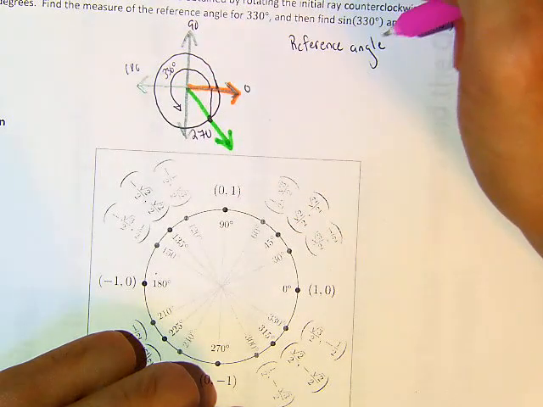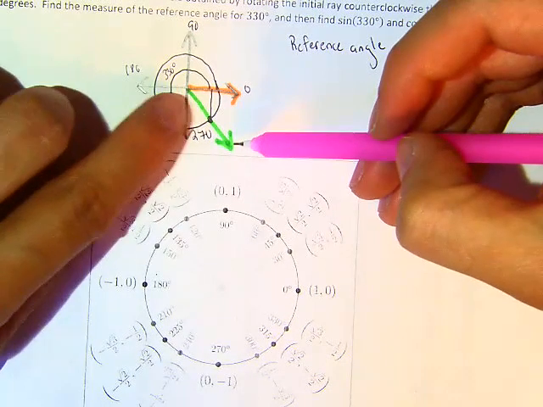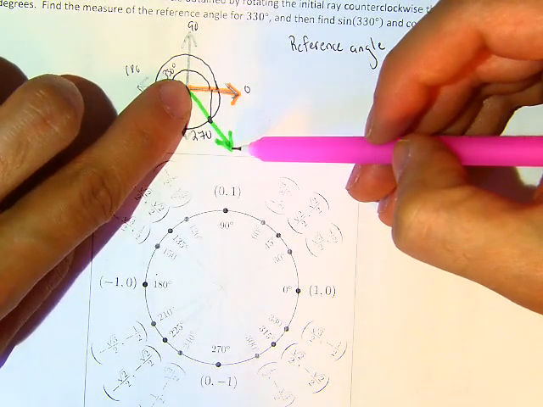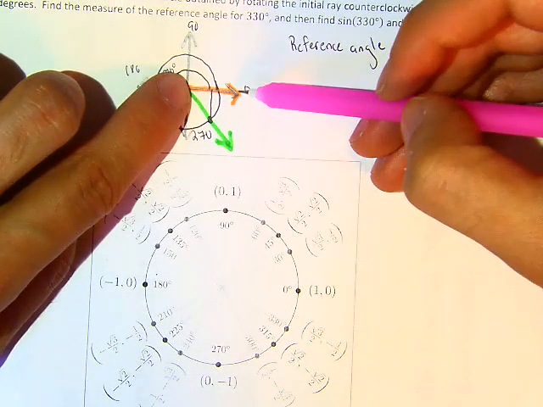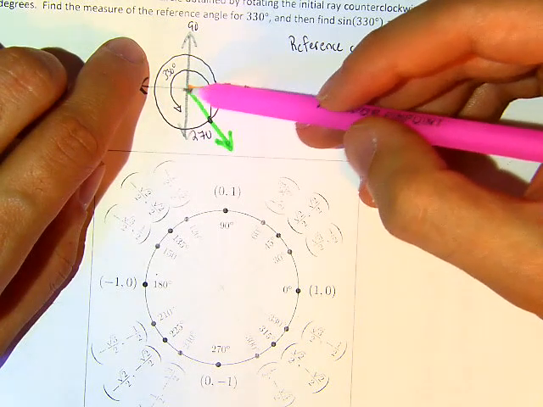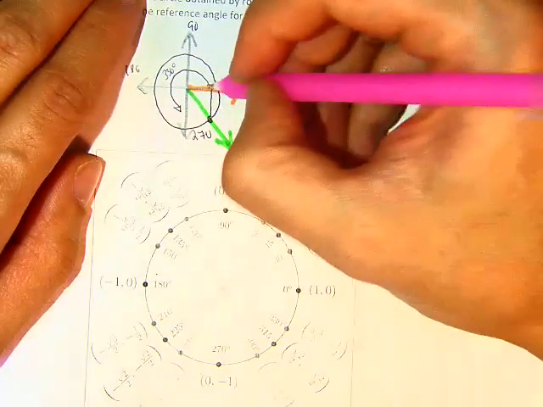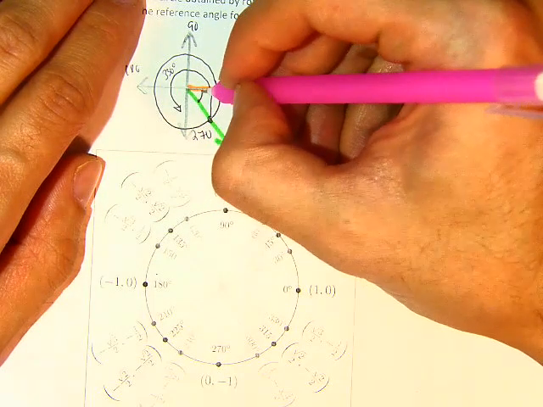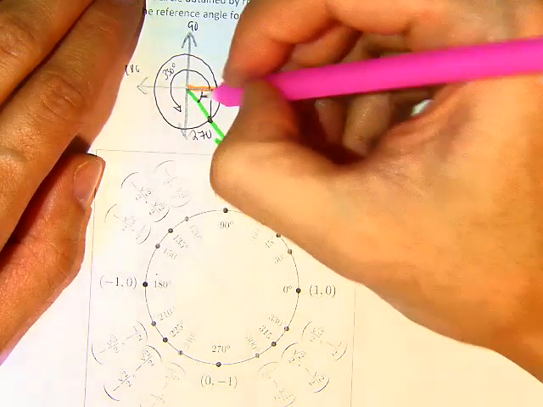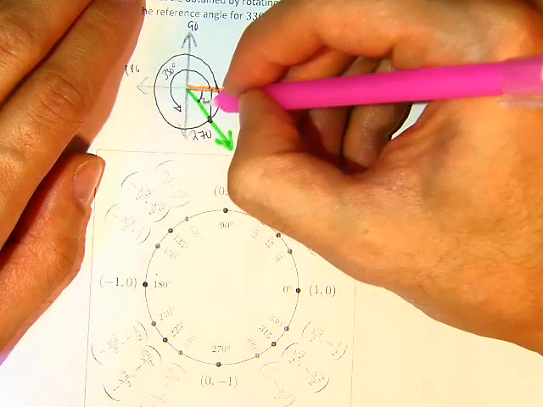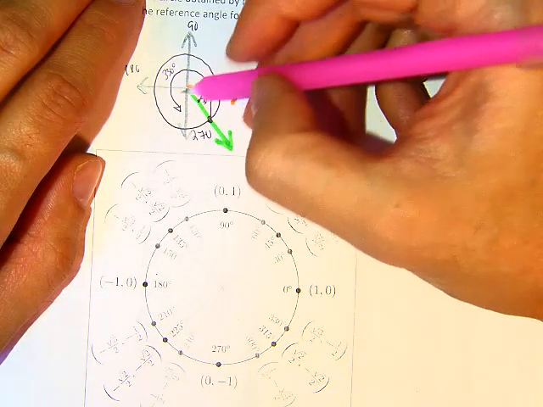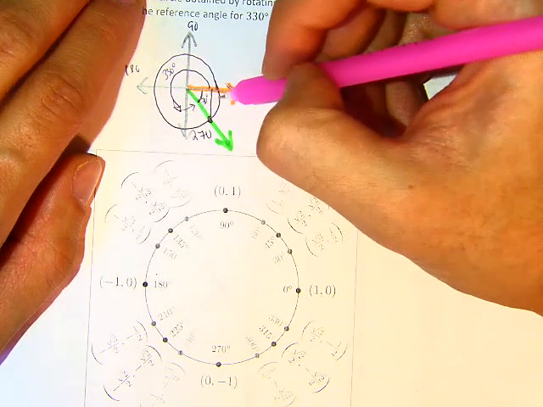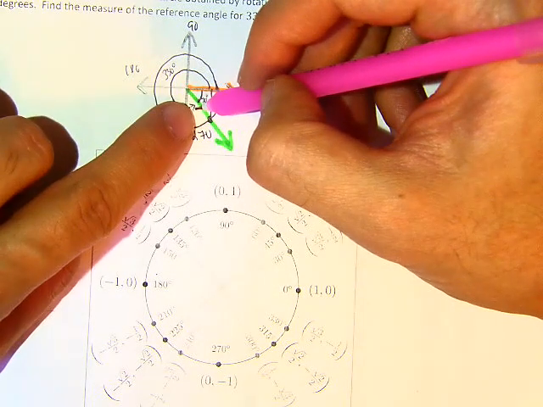So what is the reference angle? Remember, the reference angle is the angle between the terminal ray and the x-axis. If this is 330 degrees, then what is the measurement of this angle? It has to be 30 degrees. And if you're thinking, why? Well, here to here is 330.